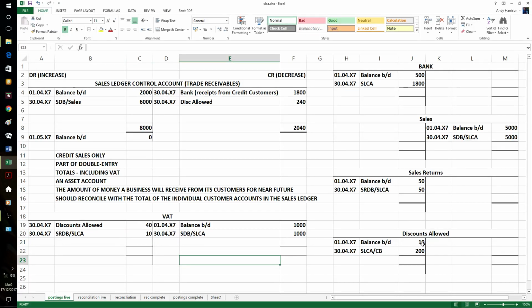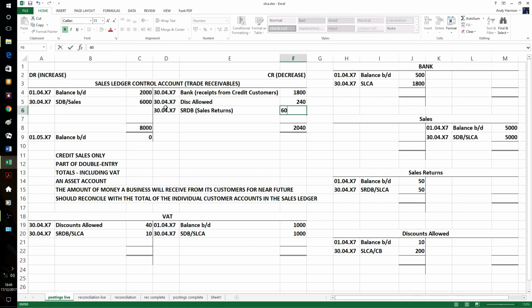So that's our debit entries of 50 plus 10, 60 credit entries. Sales returns, the full 60.